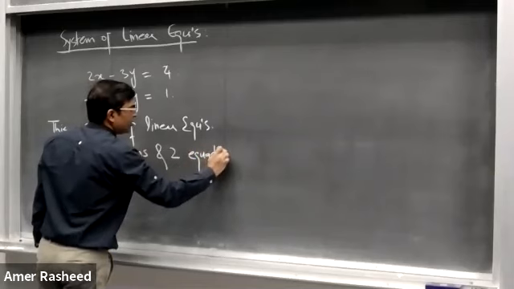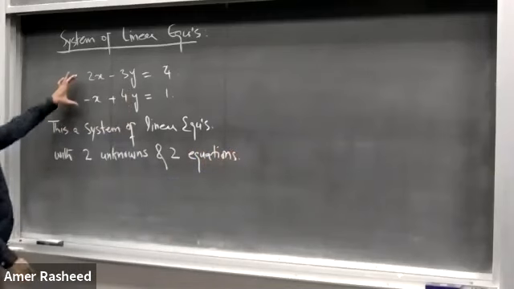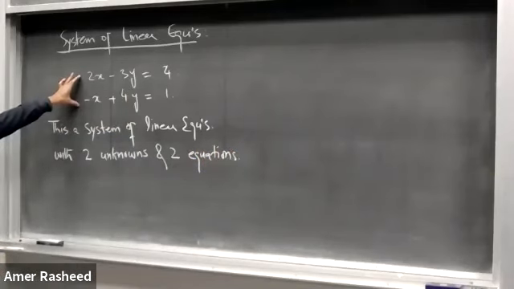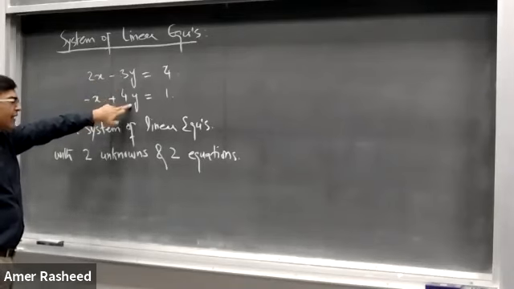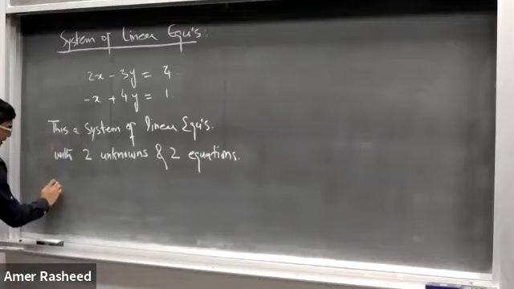So in this system, how many equations do we have? Two equations. And how many unknowns? Two unknowns. We call it a 2 by 2 linear system.